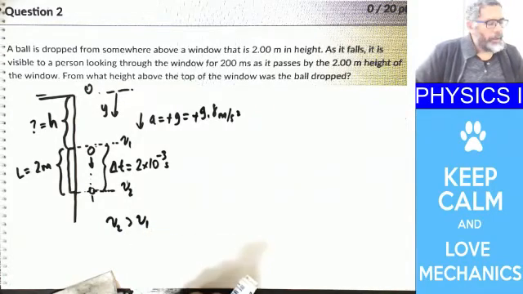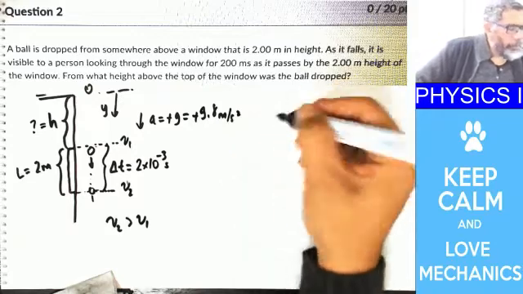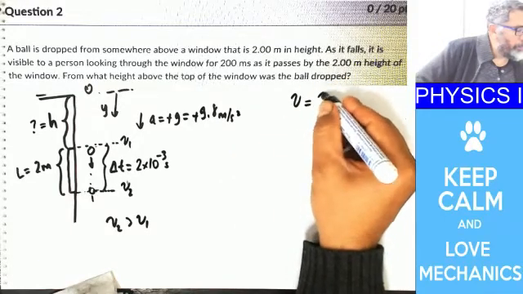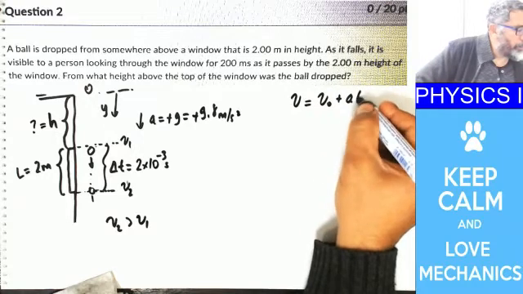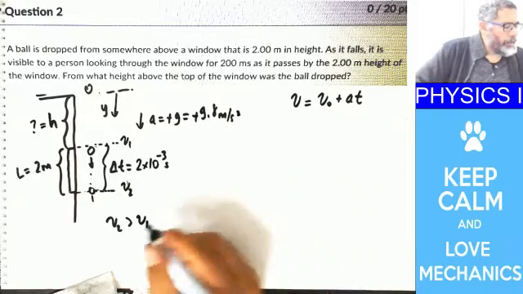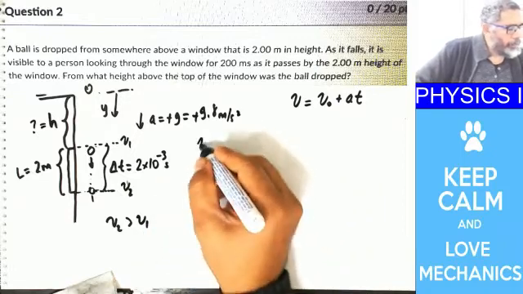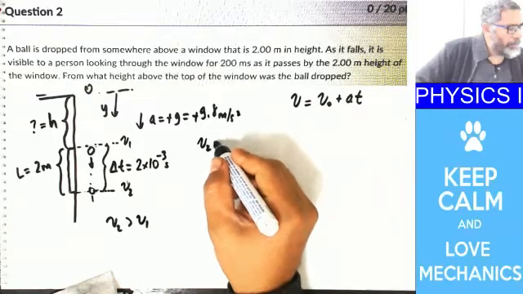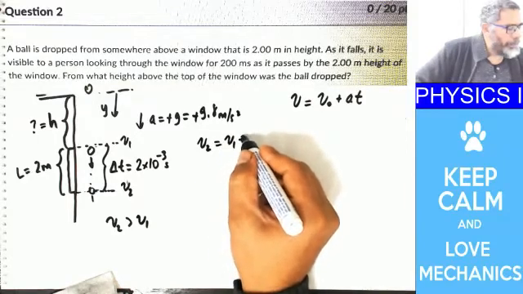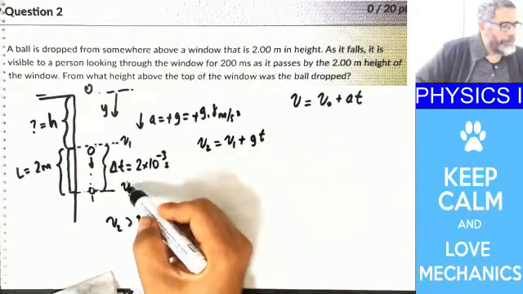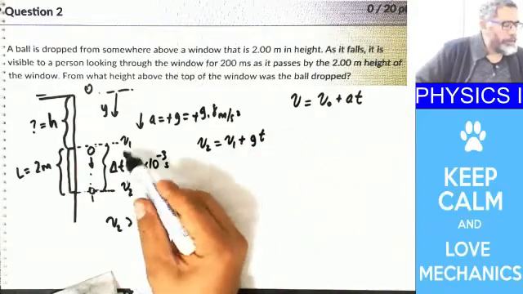I know that in most general cases, v is just v0 plus a times t for an accelerated motion. So that means v2 is going to be equal to v1 plus g times t. If you want to just relate these velocities, this is it.